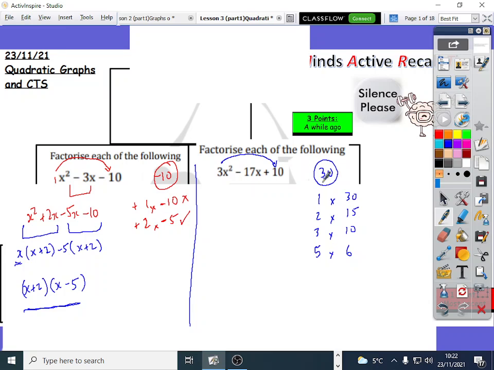The second thing is to remember this number here. Now I want these two to add up to a negative 17. First of all, this minus 17 tells me that both of these have to be negative, because when you multiply two negatives together, that also gives me a positive. So I'm going to make both of these negative first of all.